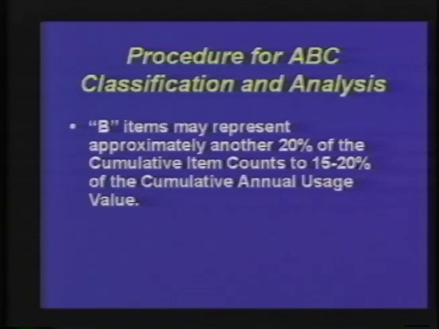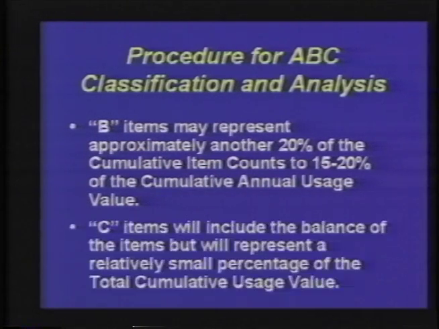Those would be the B items, and then the last would be the C. So I do have the parameters established now for the A, B, C. Once I identify that, I now can move into 2 applications. One would be vendor stocking, which we're going to identify a little later, and the other one would be the input into cycle counting, and we'll be talking about that very shortly.